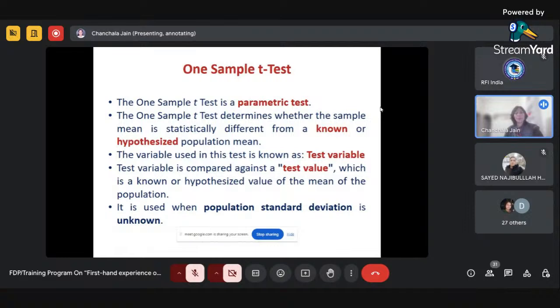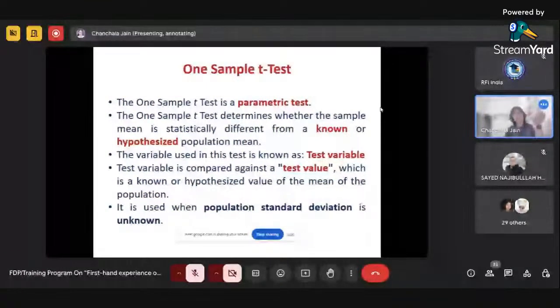But when we say one sample t-test, as I said, it's a parametric test because it is based on the parameters of the population. As the name itself says, one sample, that means I have only one sample. So what we are trying to compare is the population mean and the sample mean.